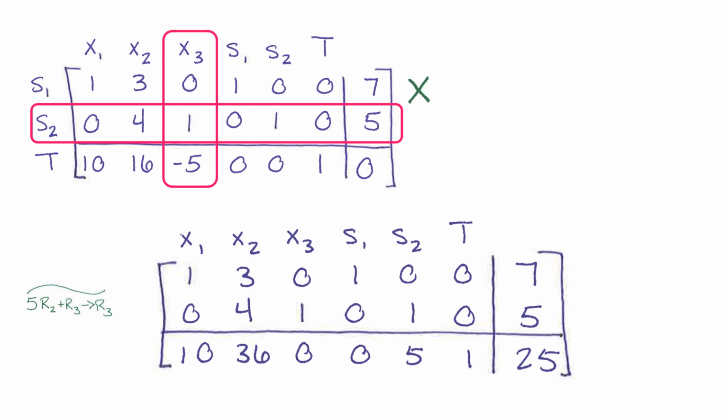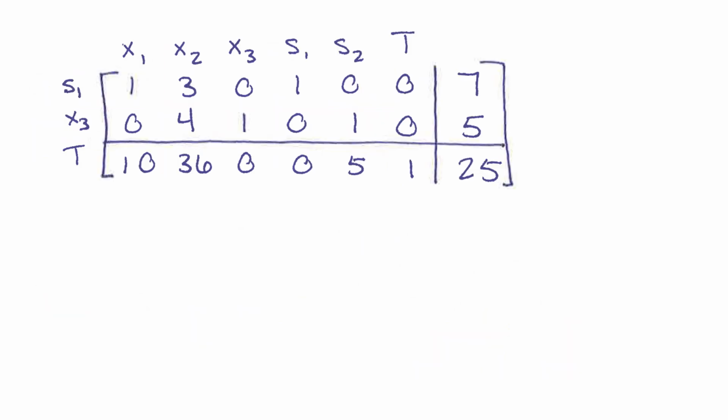Now this tableau is optimal. There are no negative numbers in the bottom row to the left of the t column. S1, x3, and t are my basic variables. So s1 has value 7, x3 has value 5, and t has value 25. Now remember, min c equals negative max t.